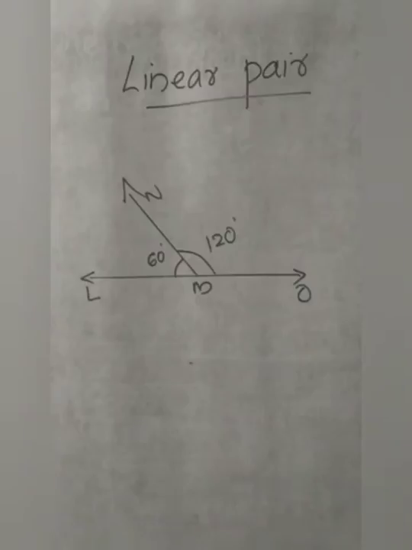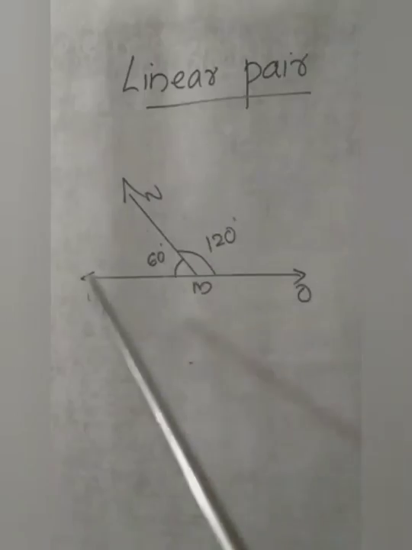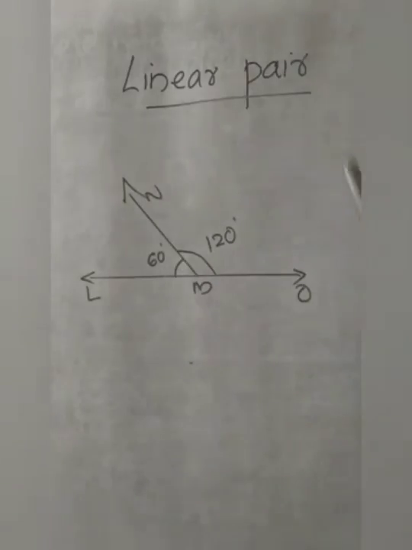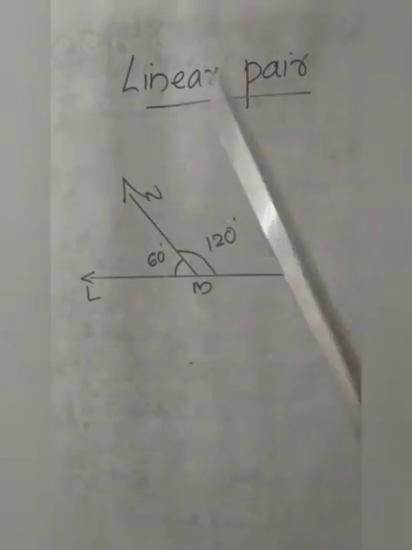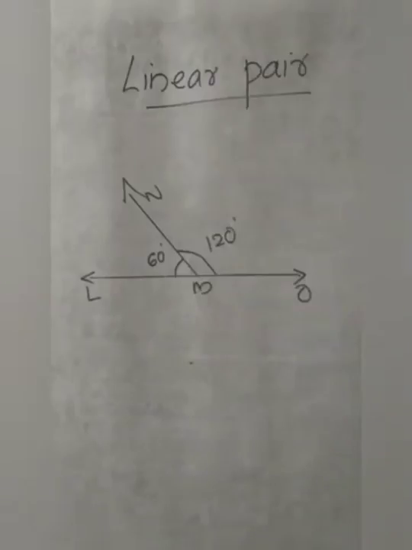Then we can say this is a linear pair. So to check whether a given pair is a linear pair, you need to check only the sum of the two angles. If the sum is 180 degrees, then the two angles are a linear pair. That means LMN and OMN are a linear pair.